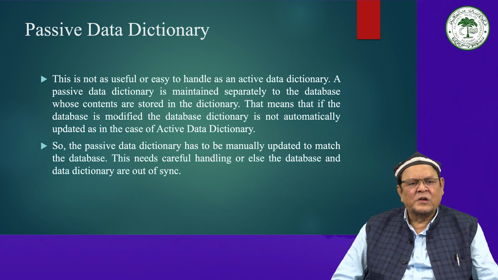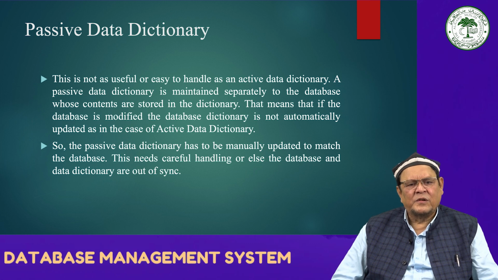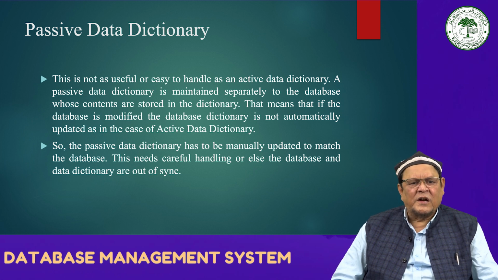The next is the passive data dictionary. This is not as useful or easy to handle as an active data dictionary. A passive data dictionary is maintained separately from the database whose contents are stored in the data dictionary.